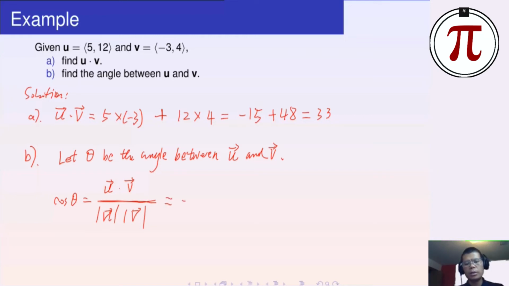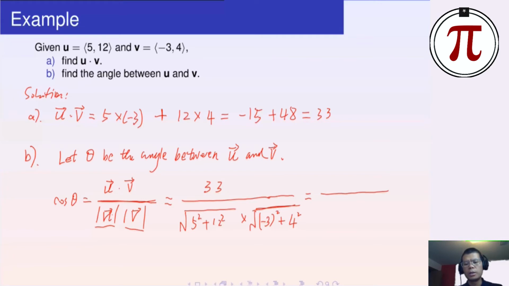On the top, from A, we know that the top is 33. On the bottom, the magnitude of u is the square root of 5 squared plus 12 squared, times the magnitude of v, which is the square root of negative 3 squared plus 4 squared.